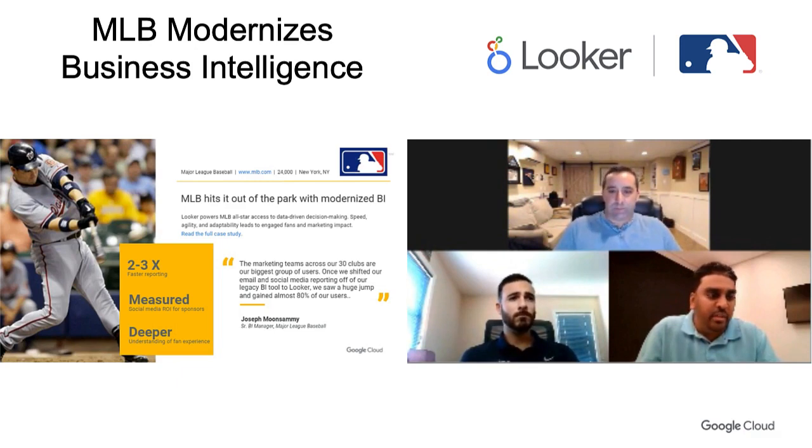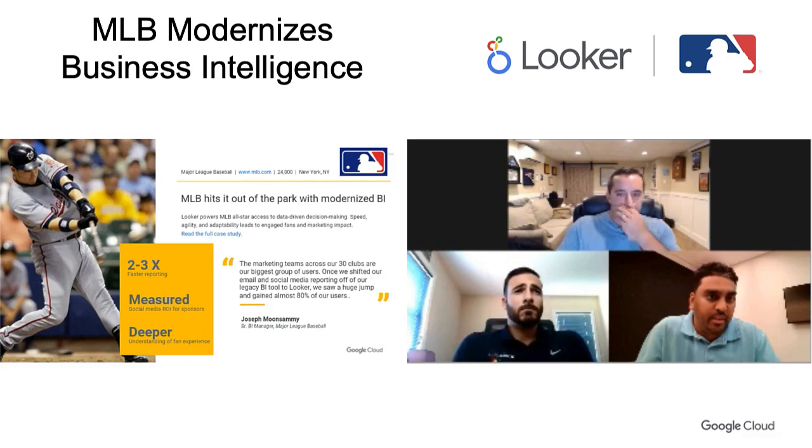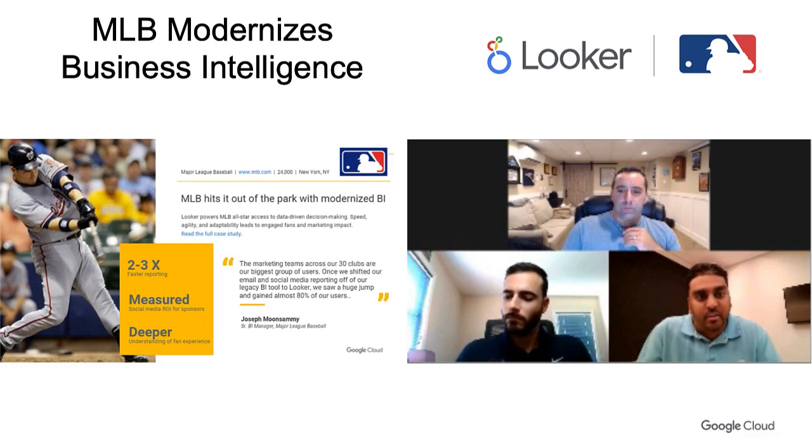Yeah, I mean, we knew we needed to get better at our reporting, to get more visual with our reporting, just make it easier for the users to ingest the data and take their insights from the data and let it be more actionable. And I think we had a project here where we had to share granular level data with the 30 clubs, and we wanted to be able to throw a BI tool on top of that, whichever technology we decided to use.